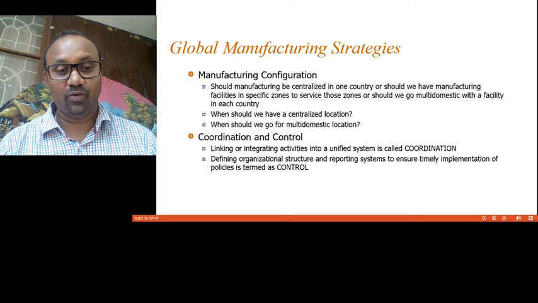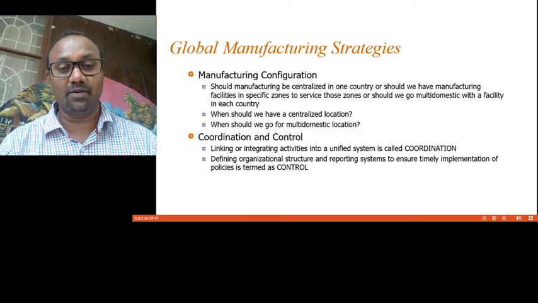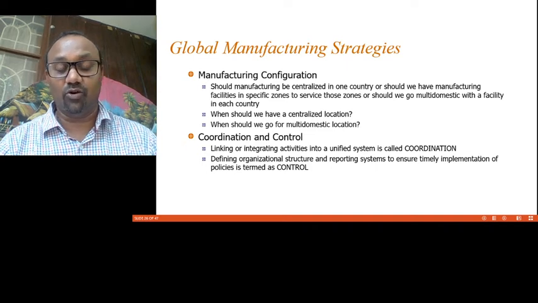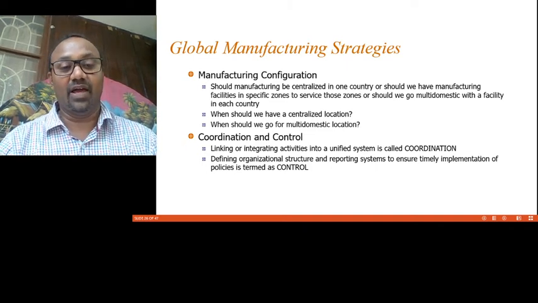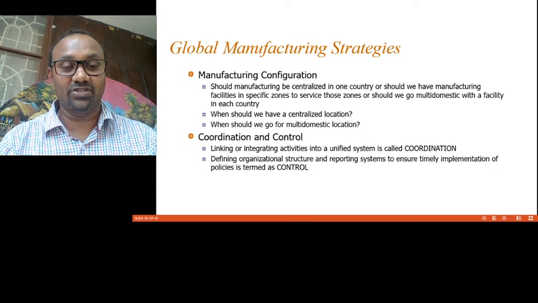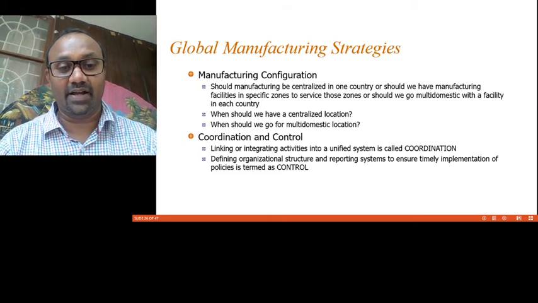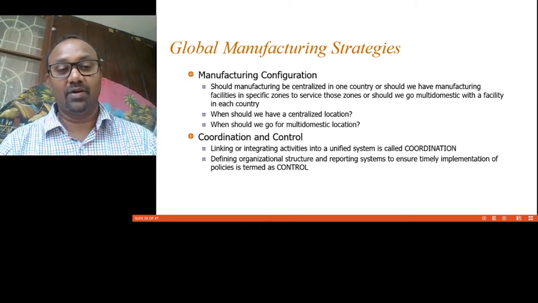Secondly, once you are able to do that, you must be able to have very good coordination and control. And that is where choosing the right type of organization structure is going to help you to implement the strategy depending on the international strategy that you are going to take up. So, adopting the right kind of organization structure becomes very important.